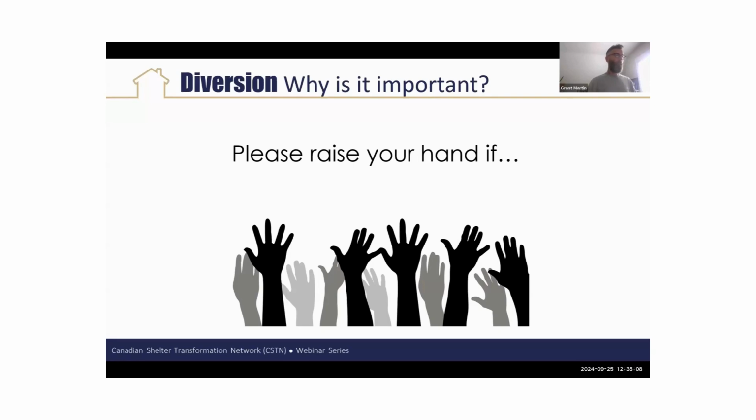But also when we successfully divert someone from shelter, that creates one more bed that's available to accommodate someone who absolutely needs to be there. We can also agree that if someone can be prevented from entering shelter, we will do what's within our power to make sure that occurs. We'll put all of our energy in if there's still an opportunity for people to not enter our shelter.